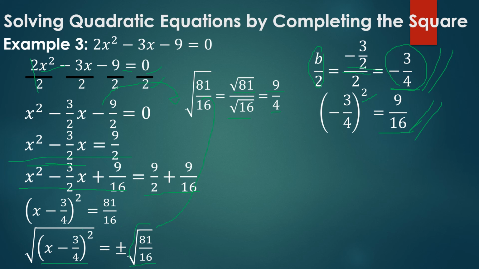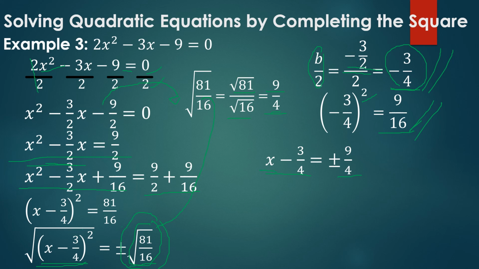Therefore, this one is equal to 9 over 4. So we have x minus 3 over 4. This is the square root of the left side of the equation, and then equal to positive and negative 9 over 4, the square root of 81 over 16.